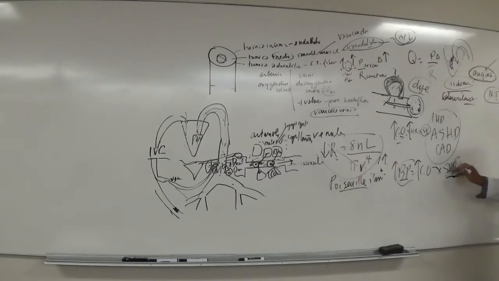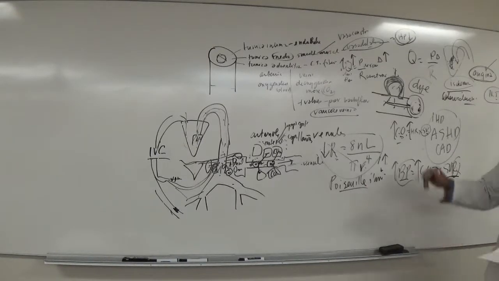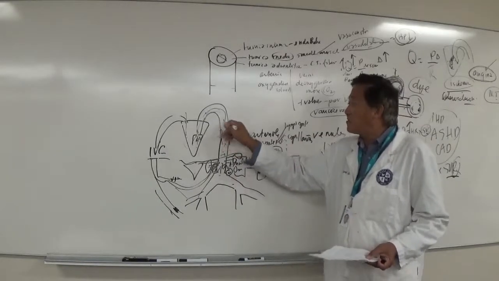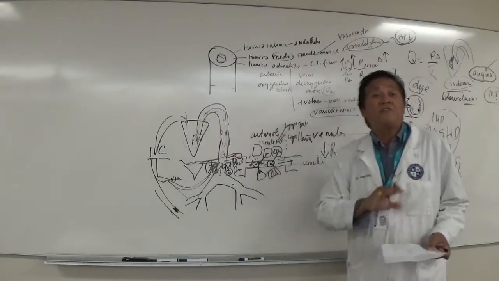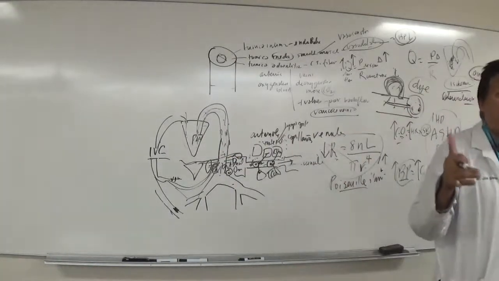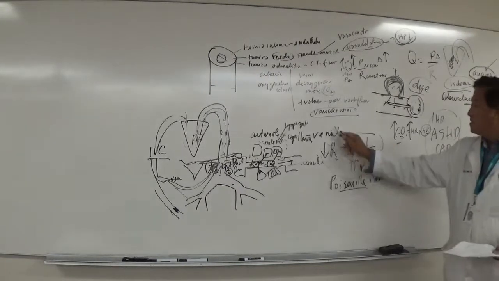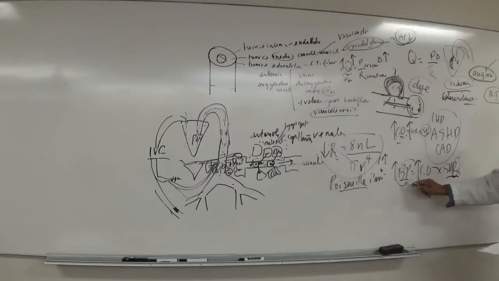Increased resistance, increased blood pressure, because the relationship is direct. Increased cardiac output, increased blood pressure. Increased resistance, increased blood pressure. For example, when you have fat deposits there, increased resistance, it's harder for the blood, and the blood pressure will definitely go up. You understand?